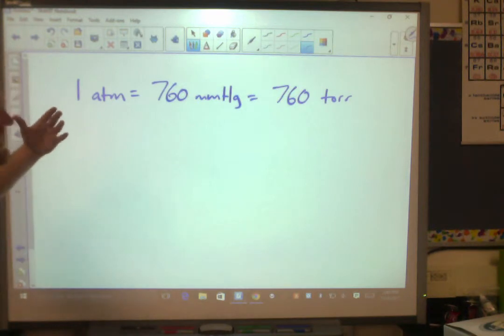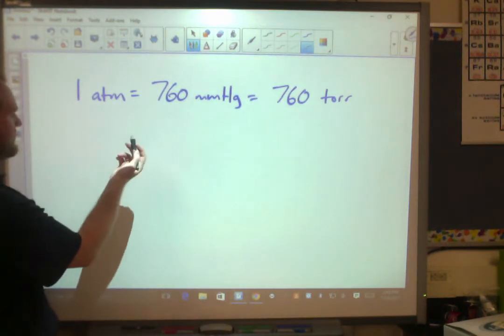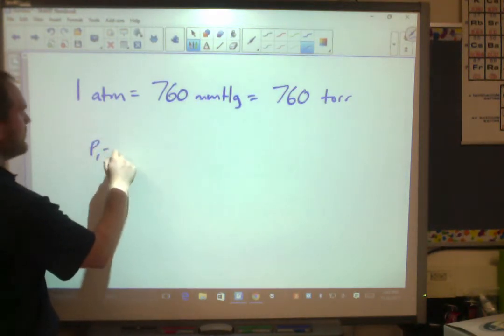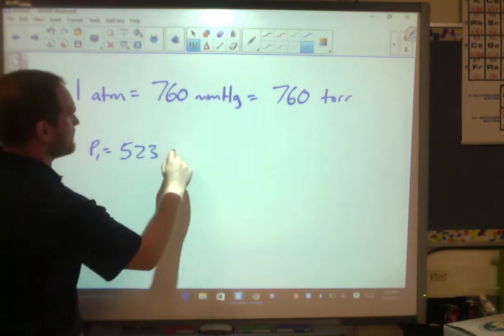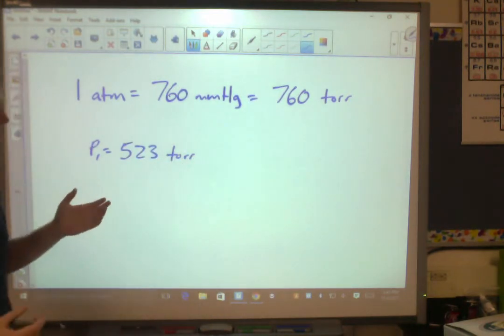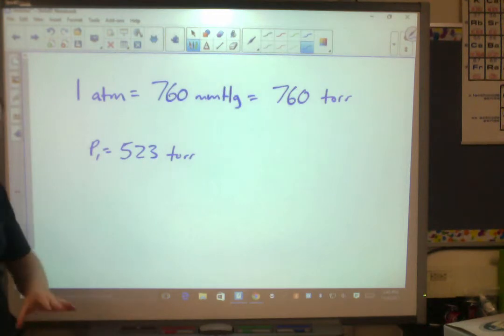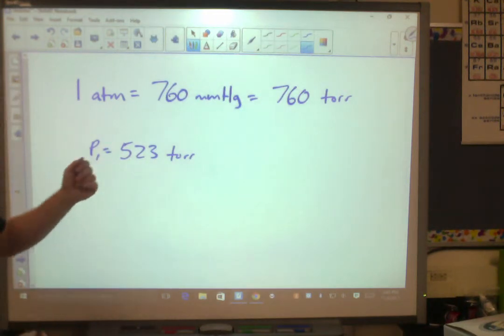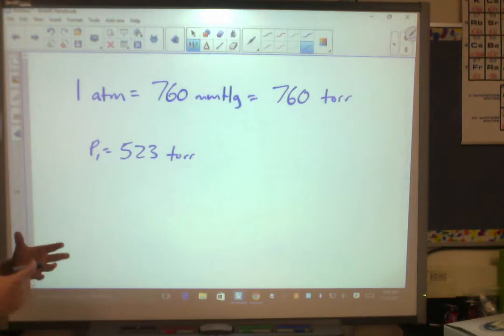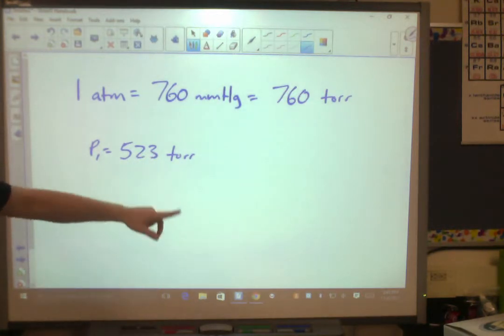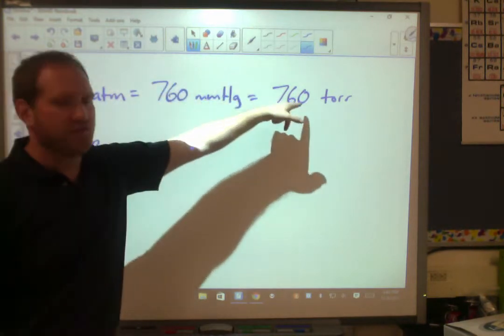If I give you a gas pressure, let's say I tell you pressure 1 is 523 torr. If you need to answer in atm, which sometimes you'll have to do, you need to be able to convert this. With conversions, we use our good old-fashioned conversion factors. In this case, if I want to go from torr to atm, I'm going to use 1 atm equals 760 torr.